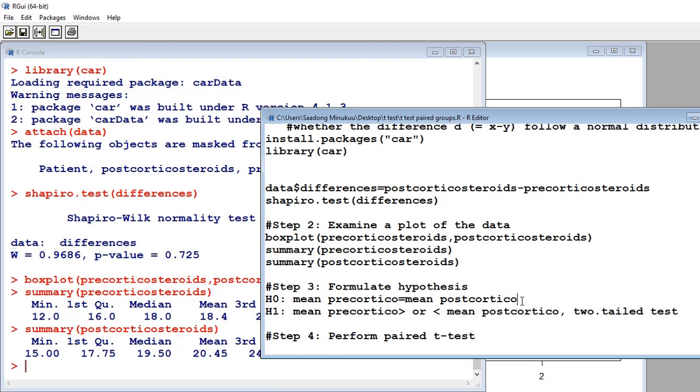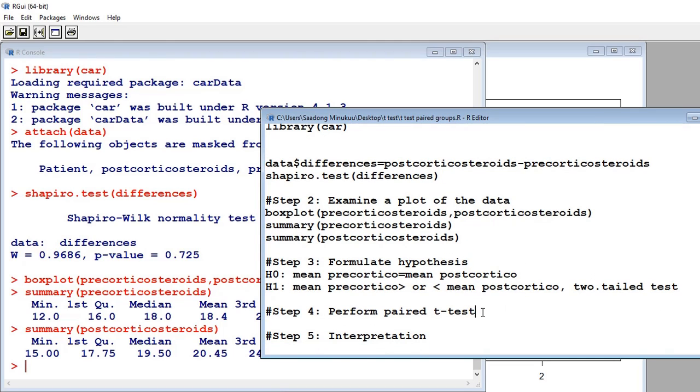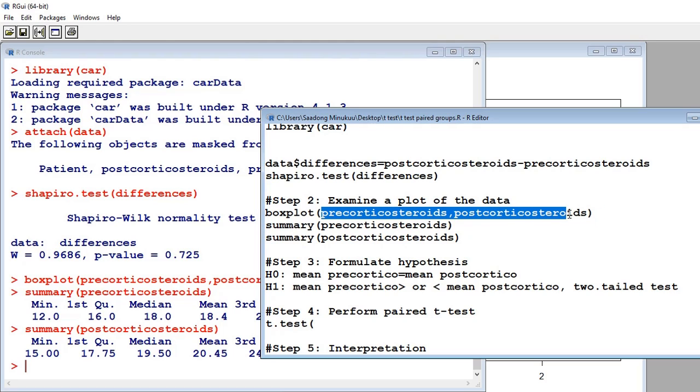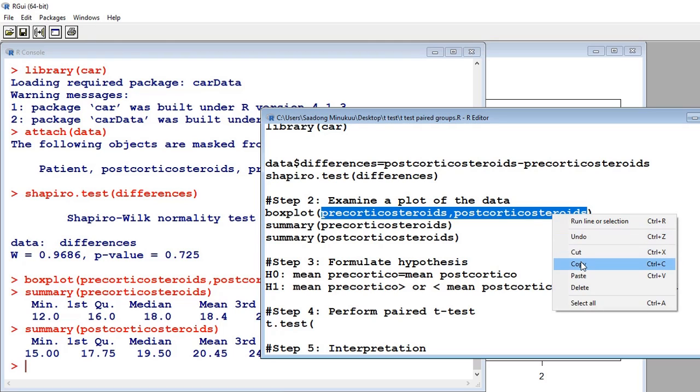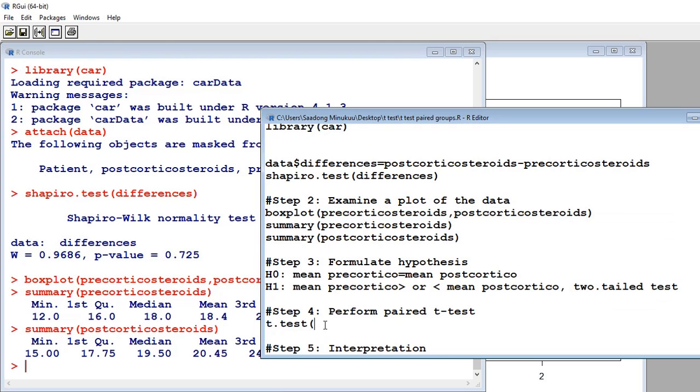Now let's go ahead and perform our t-test. To perform our paired t-test is very simple. We're going to use t.test, and in brackets we put our before and after treatment. So I copy all of this, the pre-corticosteroid and post-corticosteroid, and paste it here.